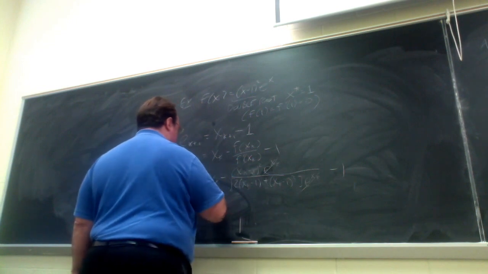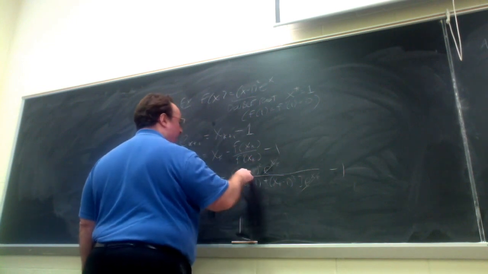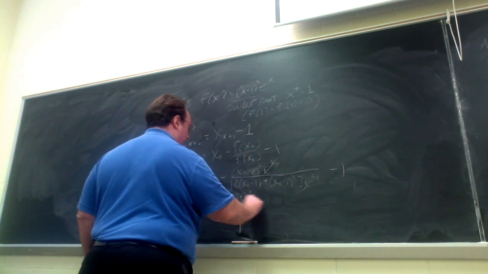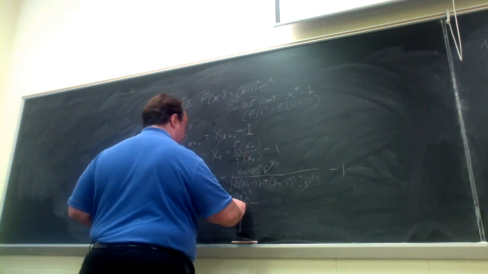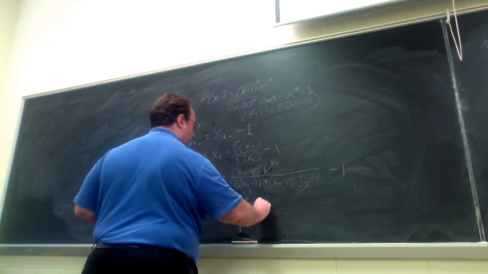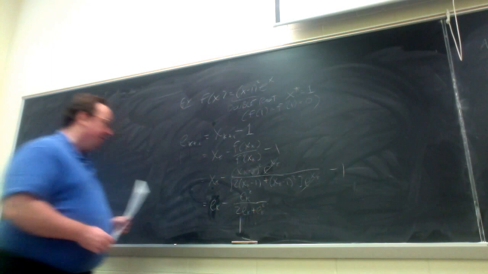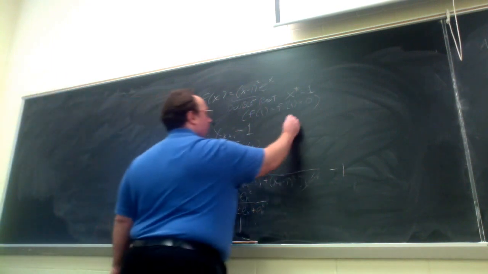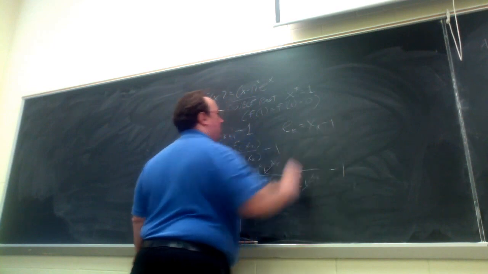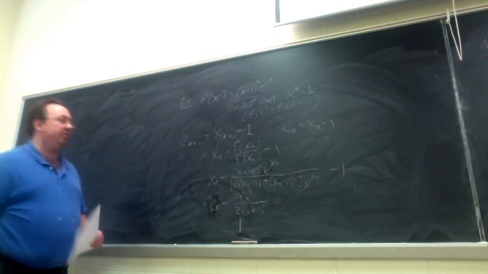So I have a bunch of e_k's: e_k minus e_k squared over 2 e_k plus e_k squared. Because e_k is equal to x_k minus 1. It's the error after k iterations.